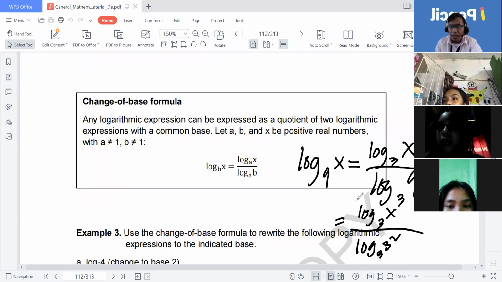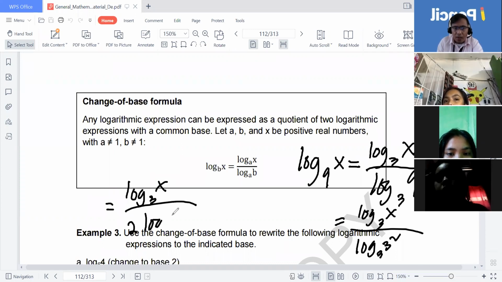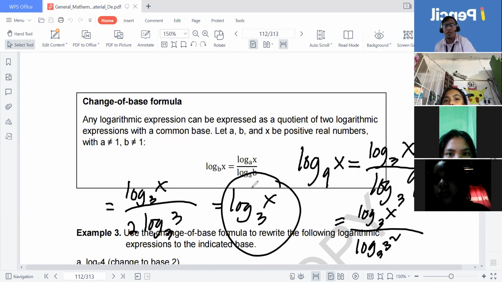Then the 2 can be moved to the side. It will now be log of x base 3 all over 2 log of 3 base 3. And we all know that this is just 1. So your answer will be log of x base 3 over 1, or simply log of x base 3. Question?